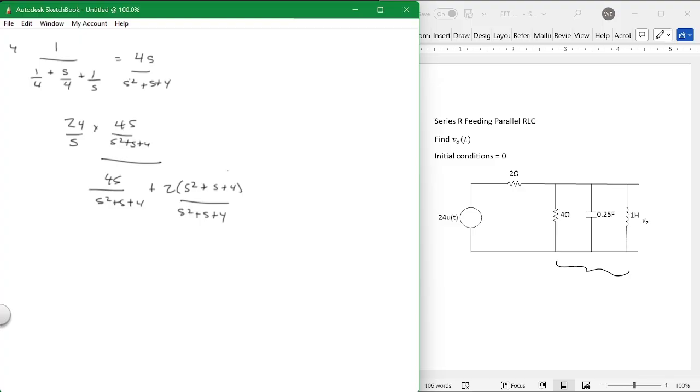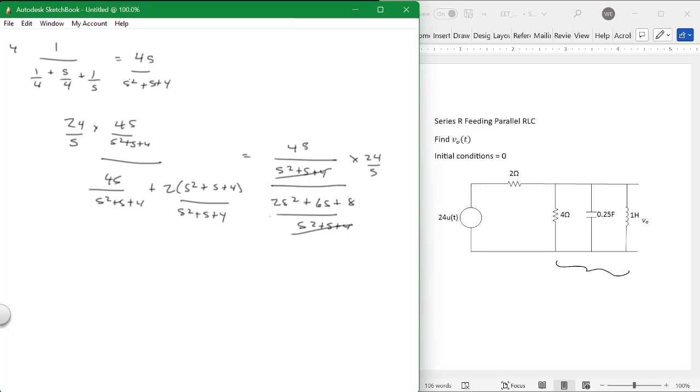All right, so now I've got 4S over S squared plus S plus 4, over 2S squared plus 2S plus 4S, which is 6S plus 8, over S squared plus S plus 4, times 24 over S. Okay, now these cancel.